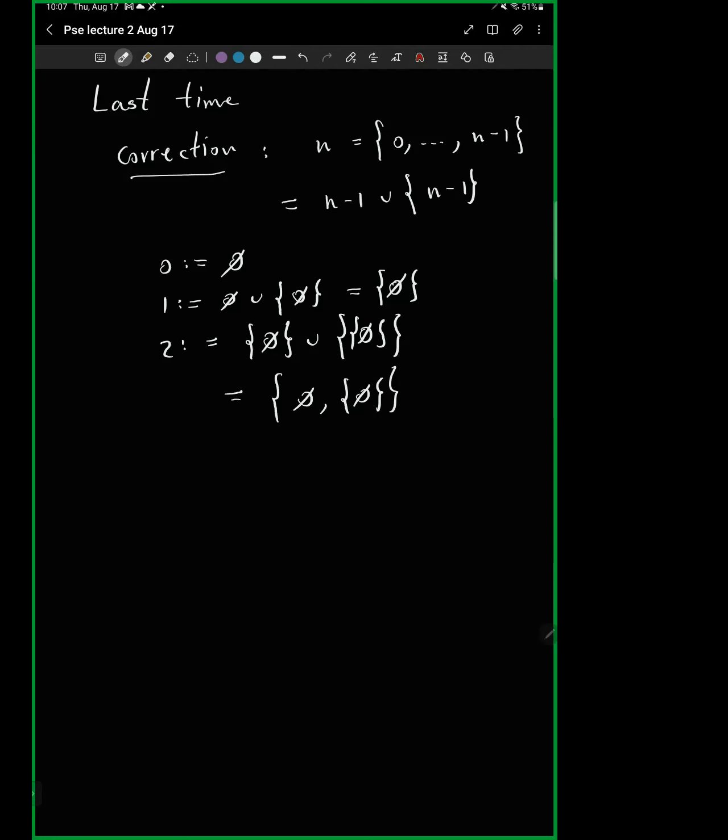The other things, we talked about injective maps. An injective map is a function from A to B such that for any A different than A prime in A, f of A is different than f of A prime.